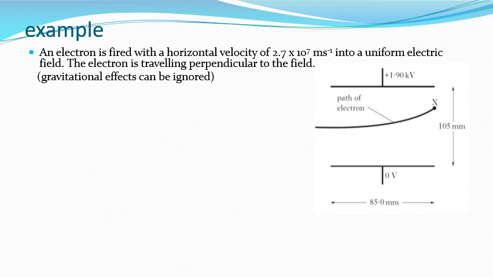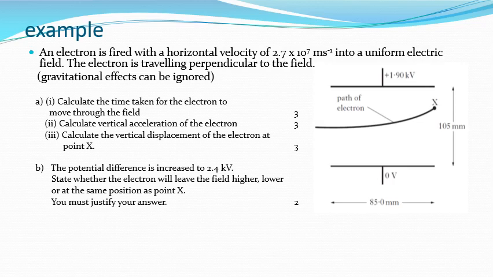Some questions ask you to do this so that you are comparing the two values, and you can see that you don't need to take it into account. In the case of our previous example, we did need to because it was an oil drop, so it had a fairly significant mass. So we have a load of questions to look at here.